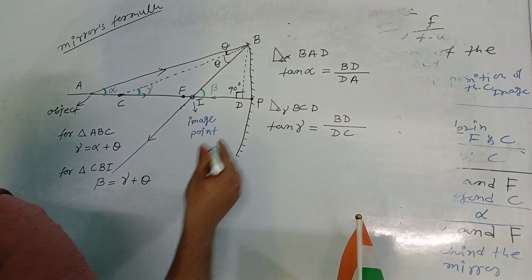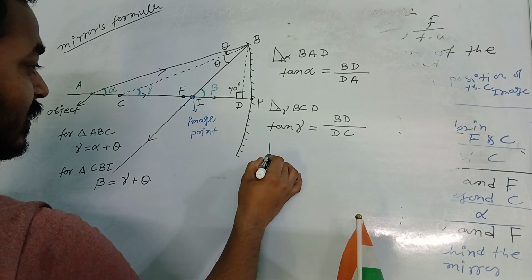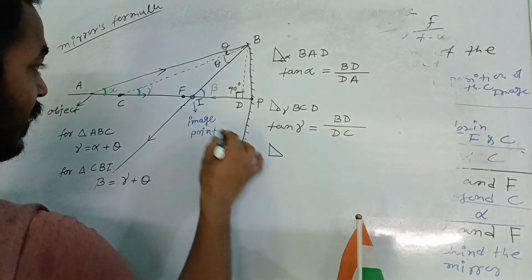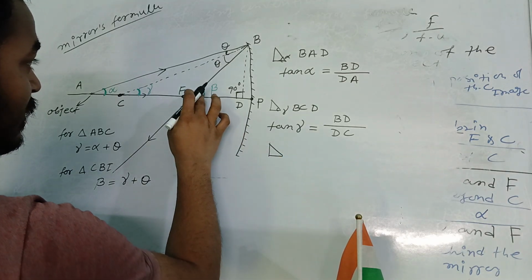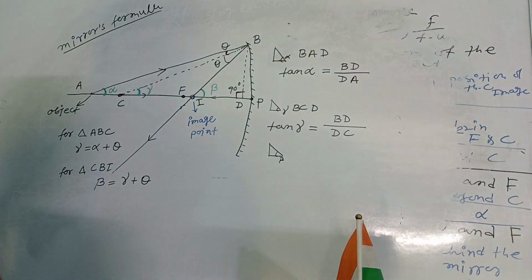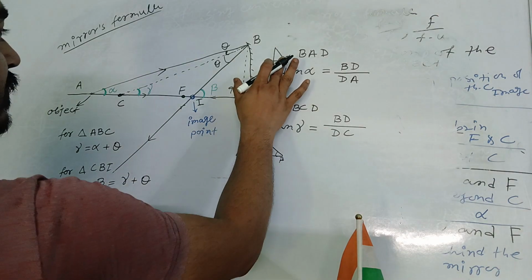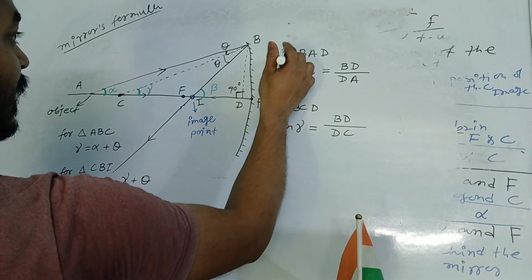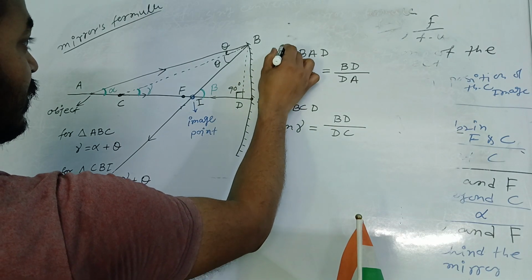Next we have one more triangle. I am taking this angle as beta. So if I draw the triangle like this, it is okay.